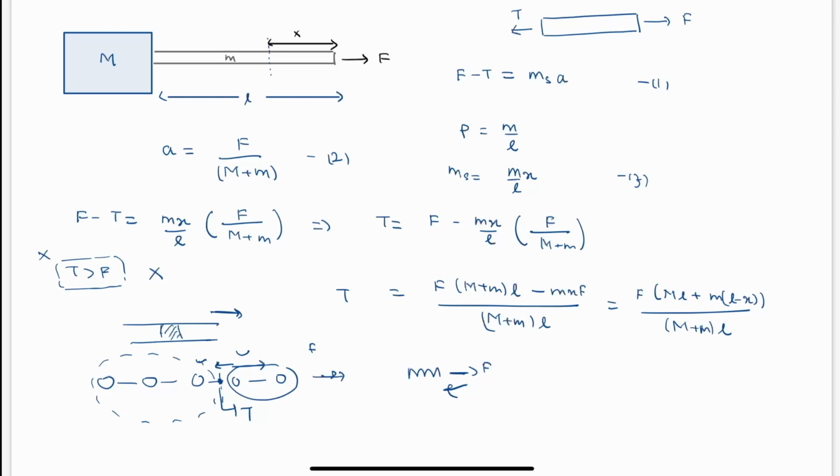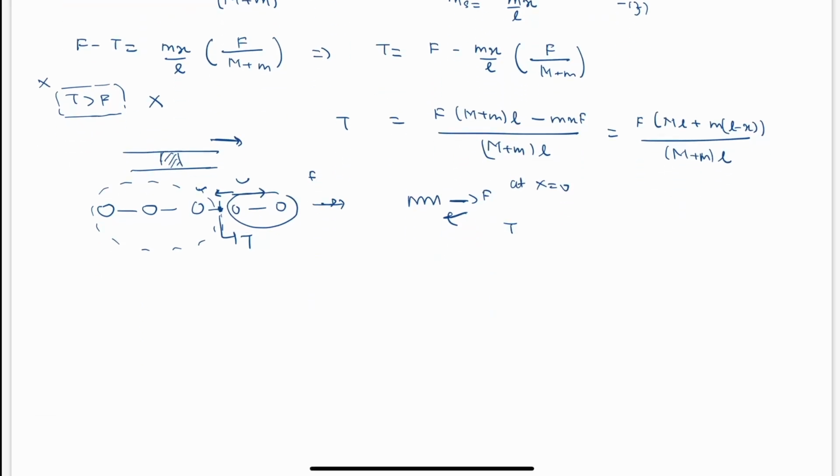And the other limiting case one would like to ask is what happens at x equals 0. So at x equals 0, the tension would be F times (Ml plus ml) divided by (M plus m) l. So that should be essentially equal to the force.